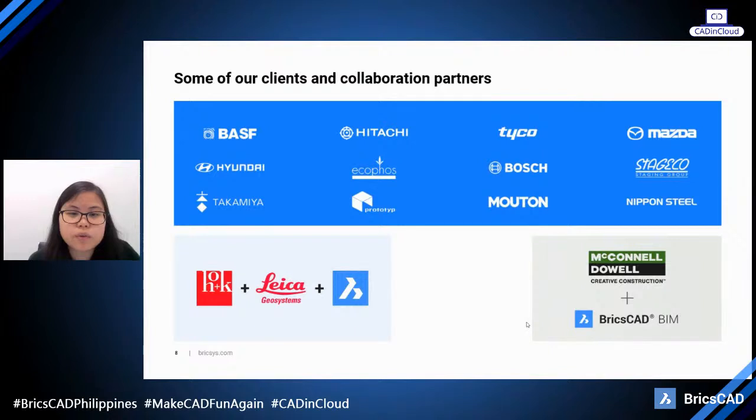And I think from this slide, you would be able to pick out quite popular names. We have Bosch, Hitachi. These are very familiar names to us. Hyundai, Muton. We have Mazda, Nippon Steel, and Prototype just below Hitachi.